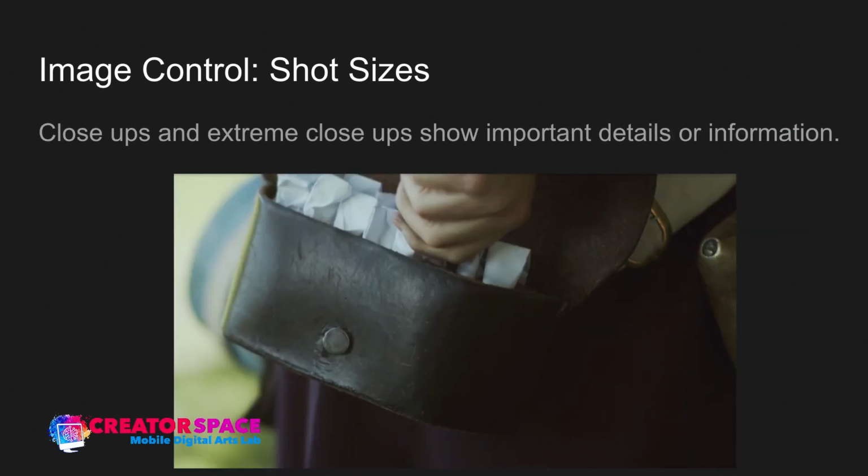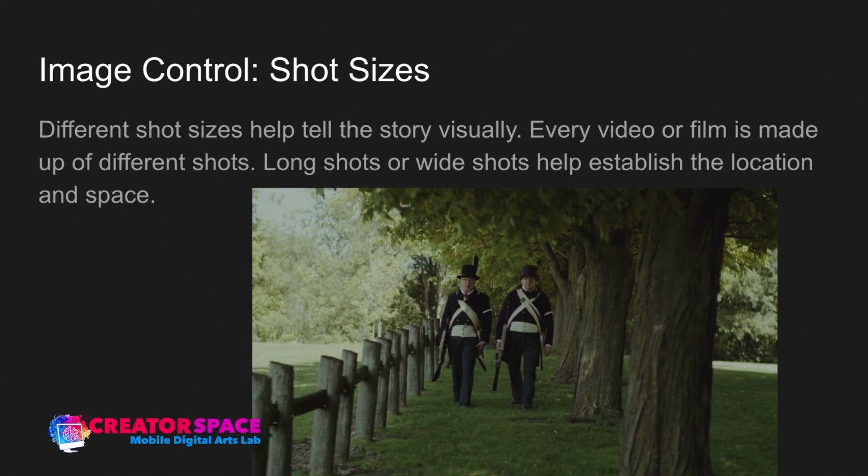And then you get things like these extreme close-ups that really show important details. So in this case, this is actually the soldier, he's getting a gunpowder packet so he can load his rifle. And that's the detail that we wouldn't see in this shot.